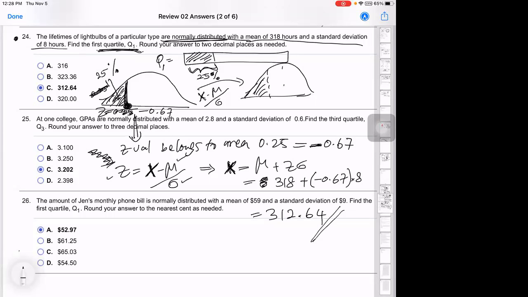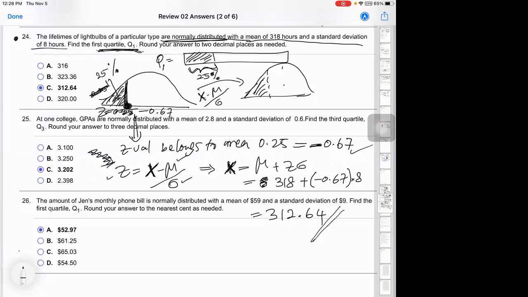They have mentioned it is a normal distributed case, mean given, standard deviation given. Find the first quartile. So find the first quartile Z value from the standard normal distribution. First quartile means 25%, so the area is 0.25. Find the Z value which belongs to area 0.25.